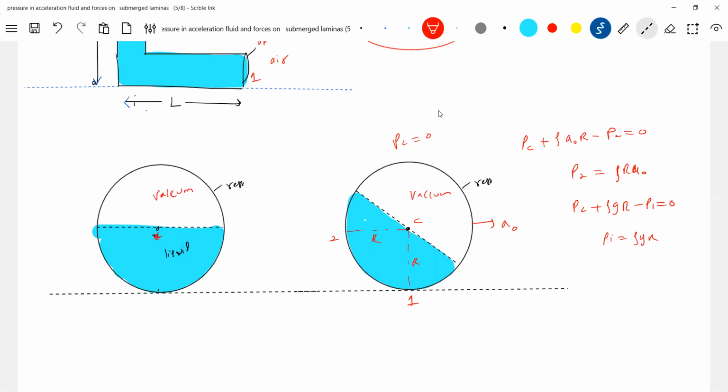Okay, sir, what about here? I'm interested in this particular point. Okay, no, see, just getting to the manometric equation. I think I'm making things very clear for you. So what about pressure at 3? You write it in terms of 4.